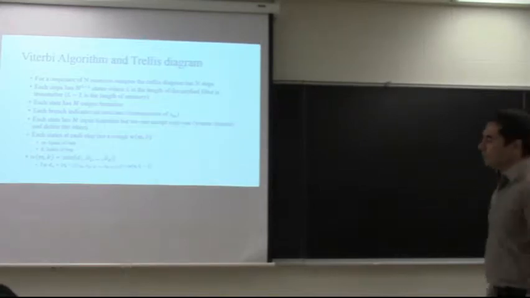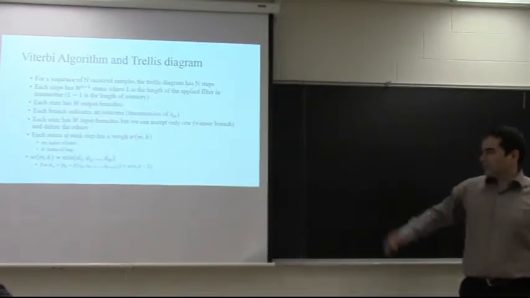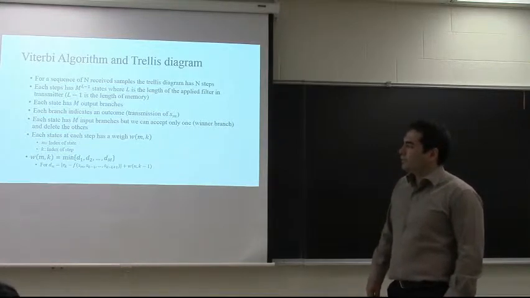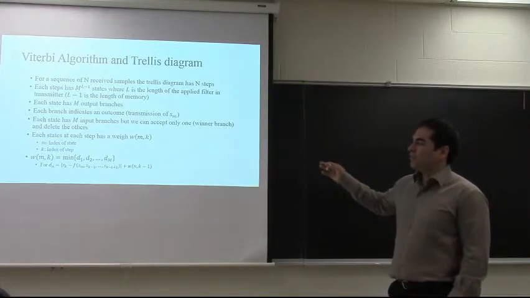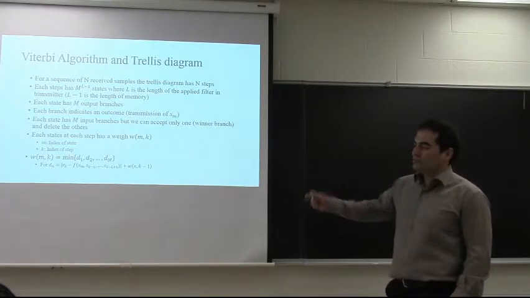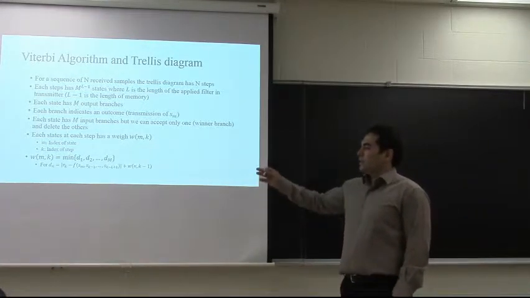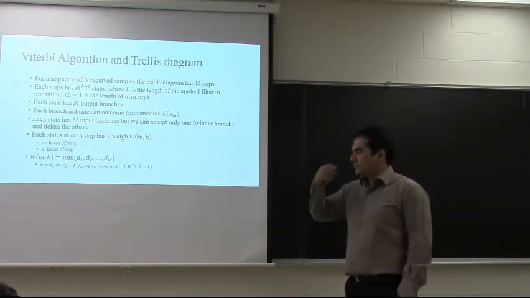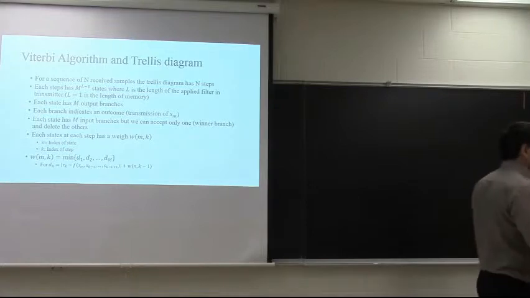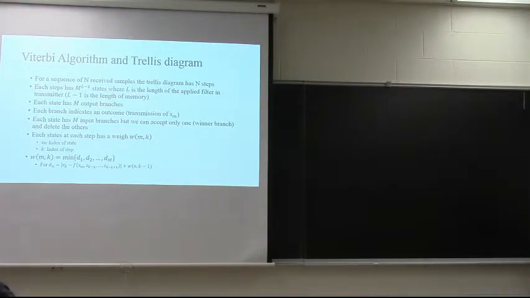We have seen the equation that gives you how to find the weight of a state. You have M of these as input outcomes of the state, and you just need to find the winner, which is the minimum one, and consider the weight equal to the weight of the winner branch.